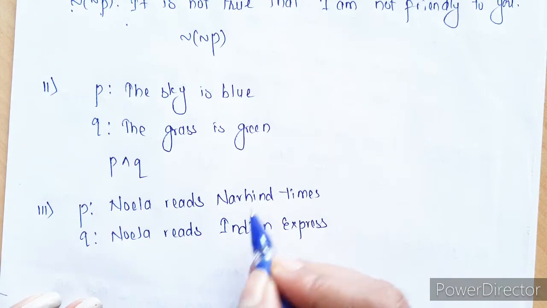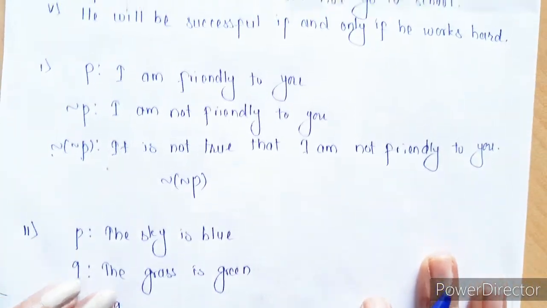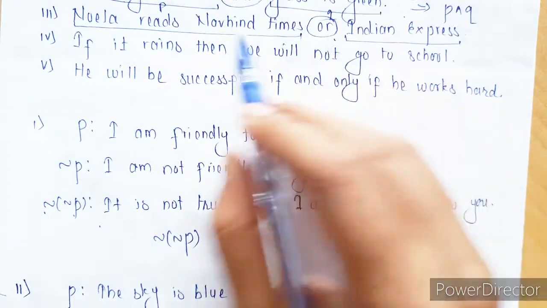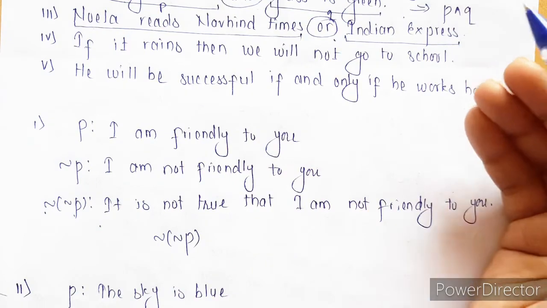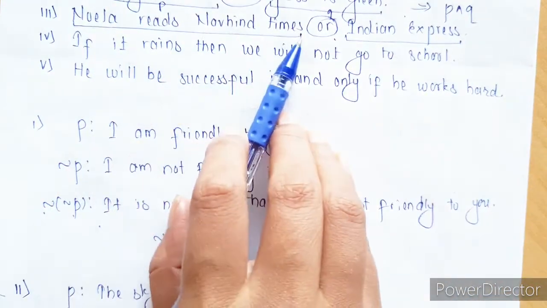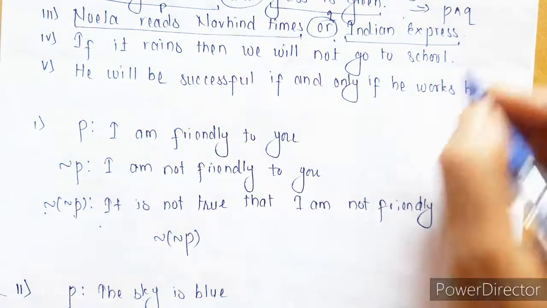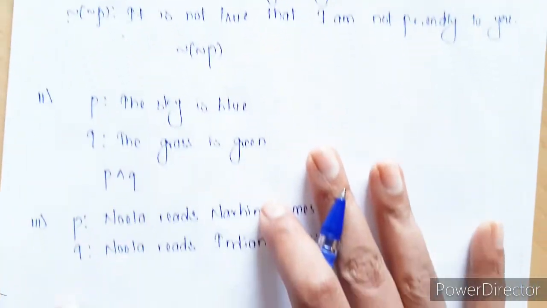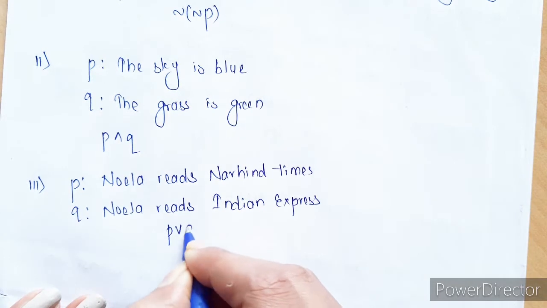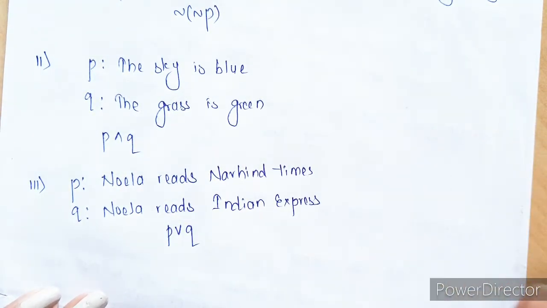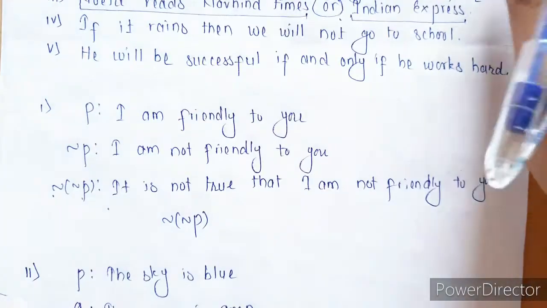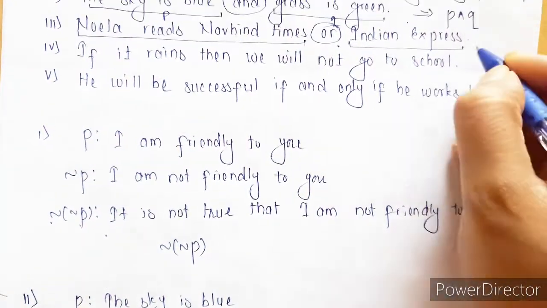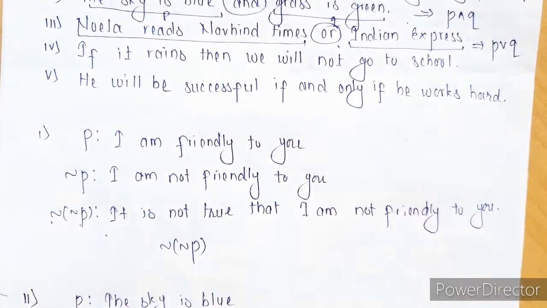When we connect these two statements using the connective OR, we get Noella reads Navhin Times or Noella reads Indian Express. The other way of writing it is Noella reads Navhin Times or Indian Express. So, this can be written as P or Q. So, the third one is P or Q.